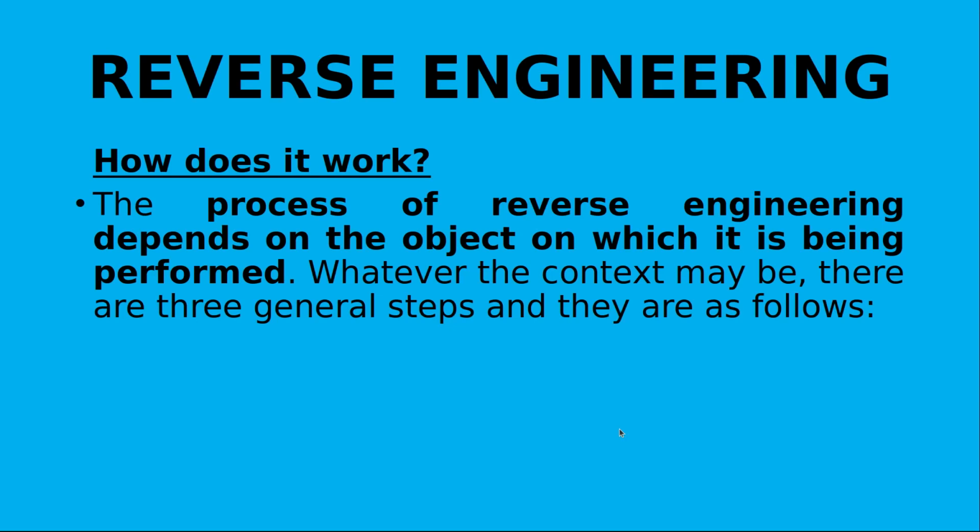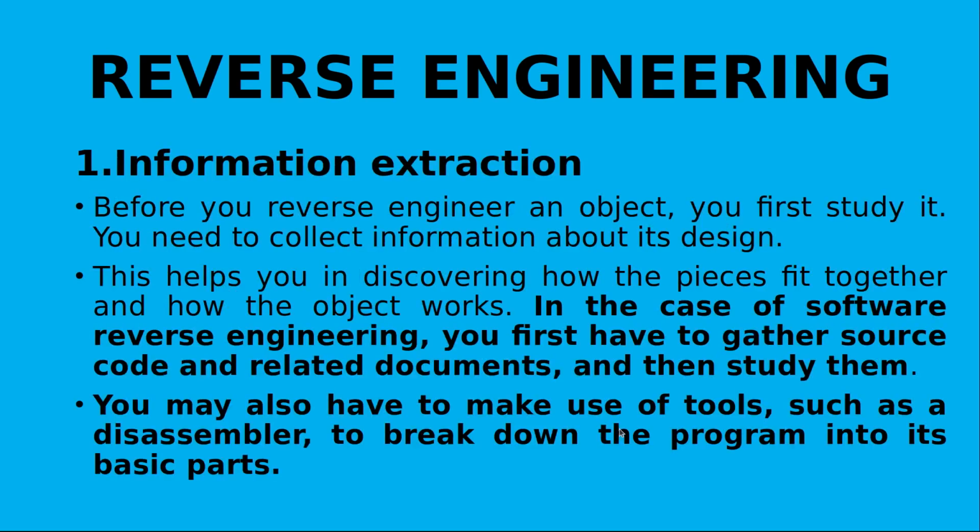Okay, so here the first step is information extraction. These are the steps for implementing reverse engineering. First we collect the information from the software or any kind of app, which is retrieved from the native code or machine code.